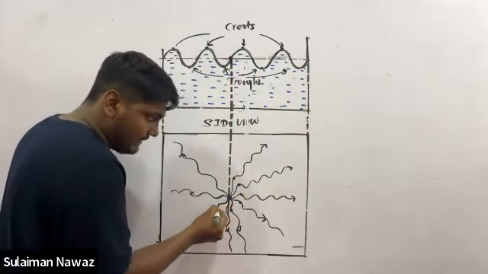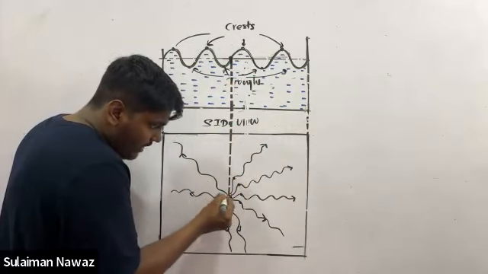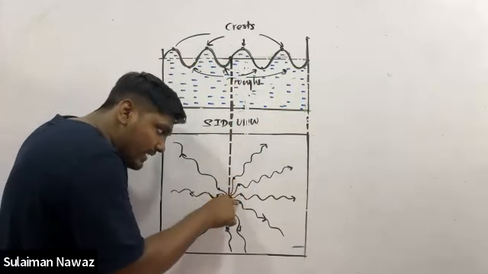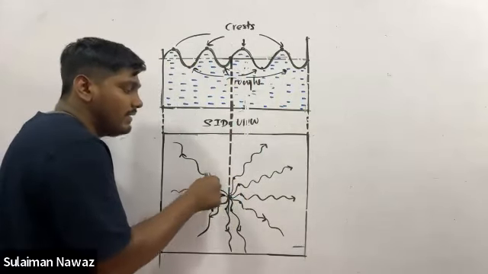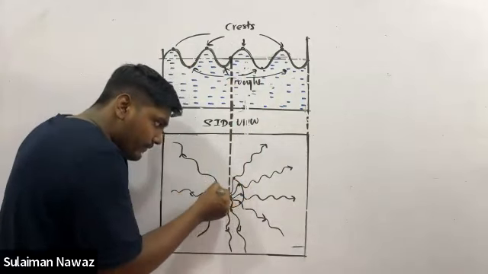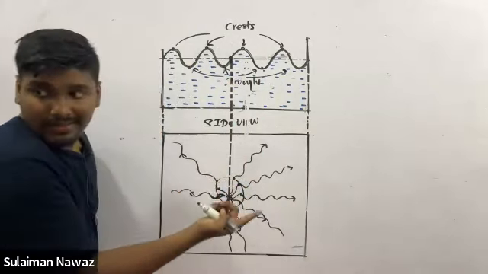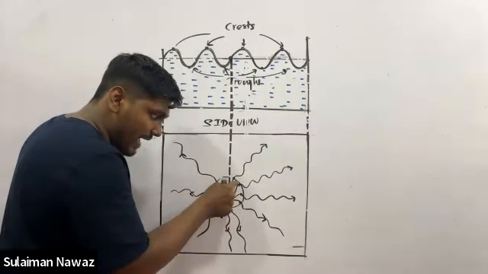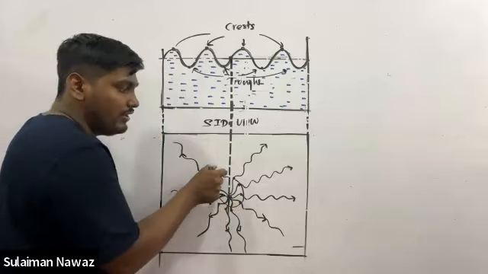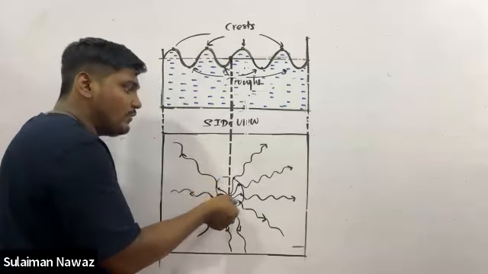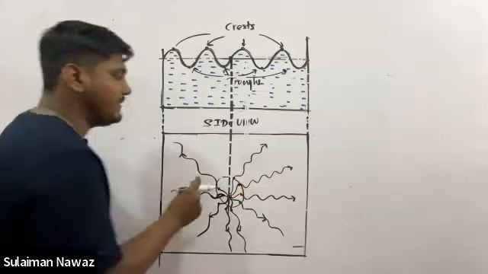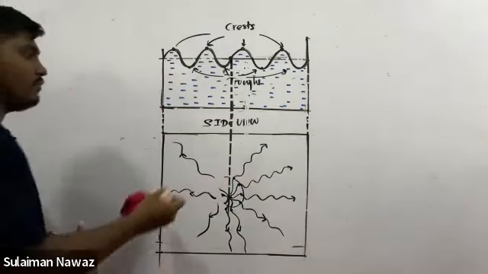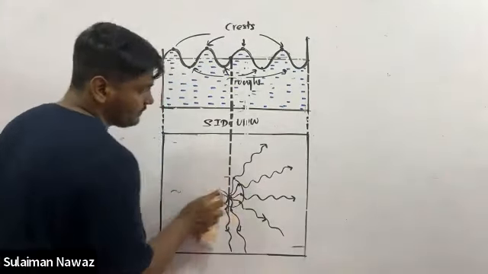If I connect all the crests by lines, I get some sort of circular shape geometry. That circular shape geometry we call wave fronts. Do you understand? If I properly mark the wave fronts, you will be able to obtain circular shape wave fronts.